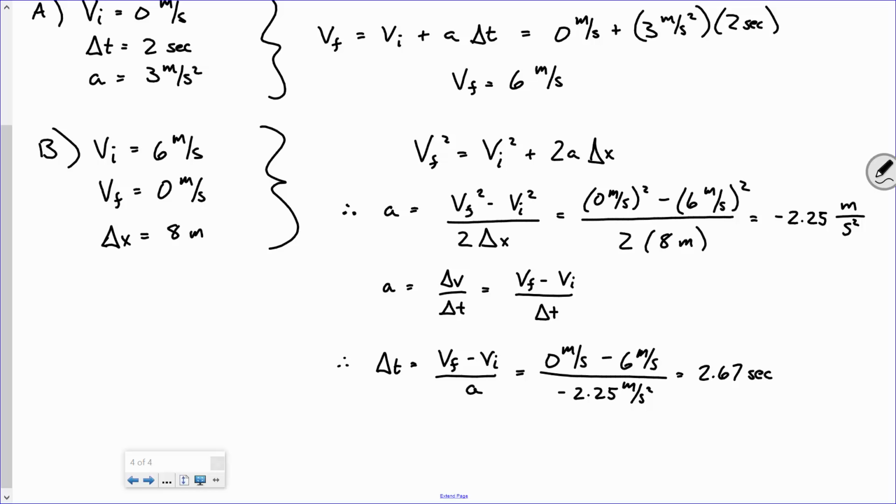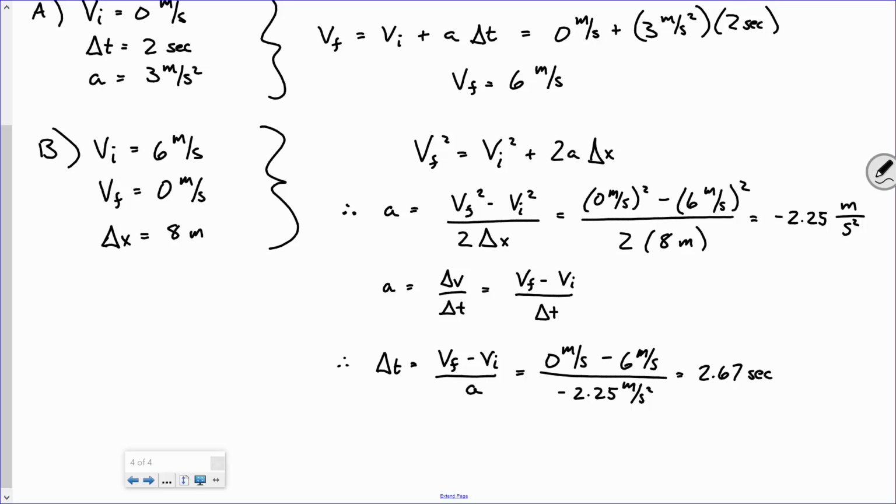Does that make sense? Now, is that the answer? There you go. That's what I wanted to get at. The particle had to speed up and then slow back down. So what is the answer? It's not 2.67, it's 4.67. Make sense?